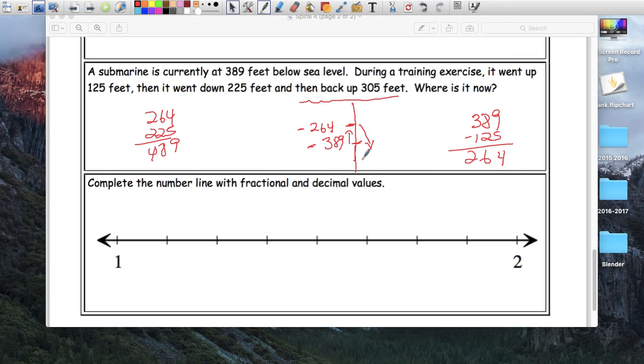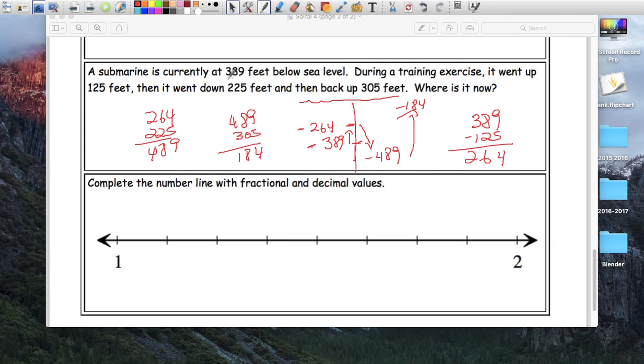So his new level is negative 489. And then he went back 305 feet, so now he's going to go up. He's at 489. To go up, you're going to have to subtract 305 from that. So where is he now? At negative 184.